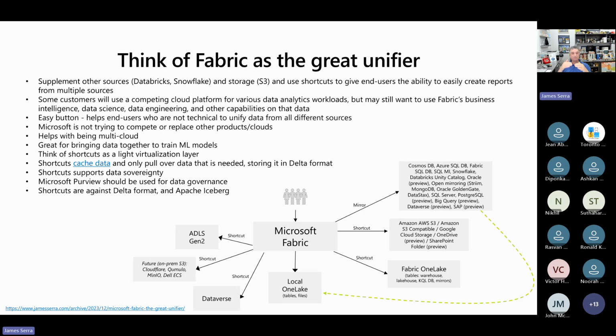And this is kind of a virtualization layer that typically would require virtualization products, but this is all built into Fabric. So it can make it very easy for end users to build a solution that can be a combination of data in other locations, Snowflake or Databricks, and not have to do a lot of copying.